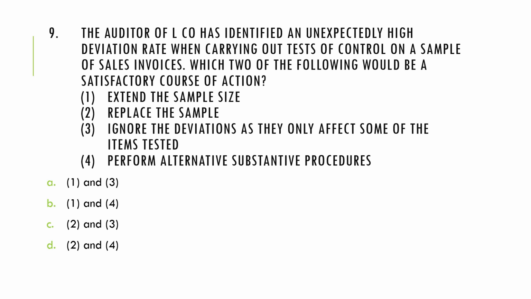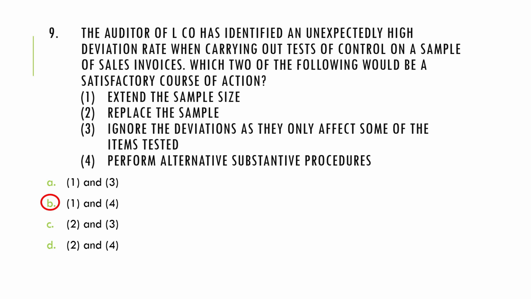Another thing that the auditor may perform, since we're talking about test of controls here, is that the auditor may decide to already give the control risk assessment and assess it as high, which will eventually affect the extent of the substantive procedures. So in this case, the likely courses of action will be to extend the sample size and to perform alternative substantive procedures.